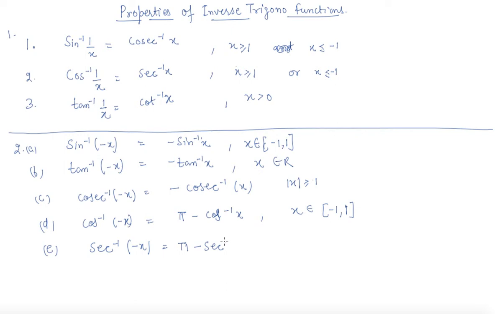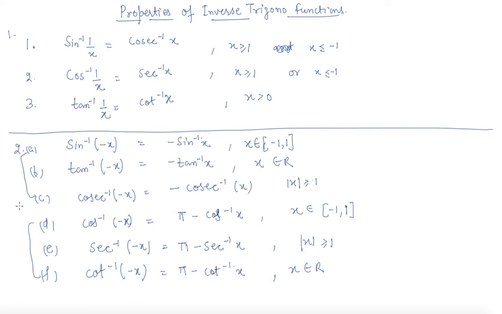Pi minus secant inverse x, where mod x is greater than 1. F part is cot inverse minus x is pi minus cot inverse x, and x belongs to R. So these three functions are of similar nature and these three are of similar nature.